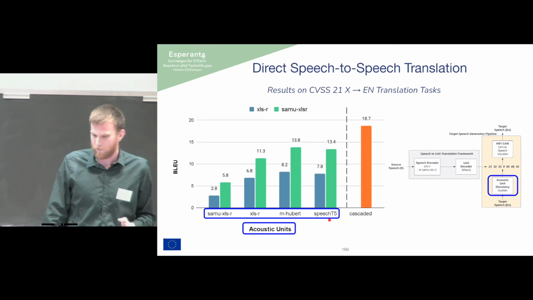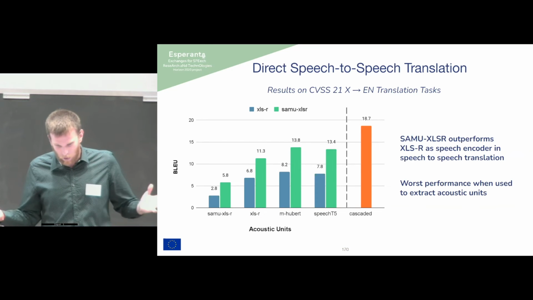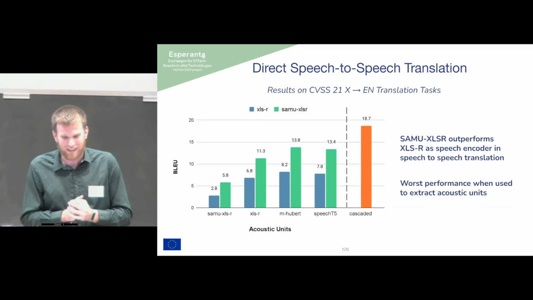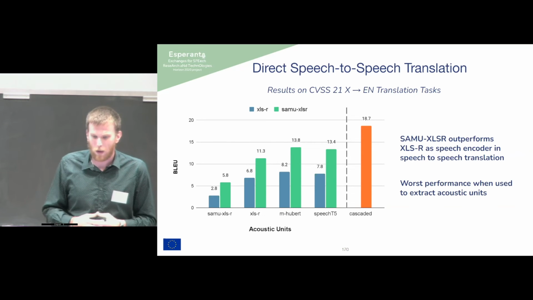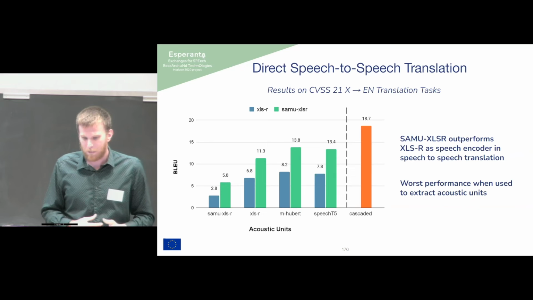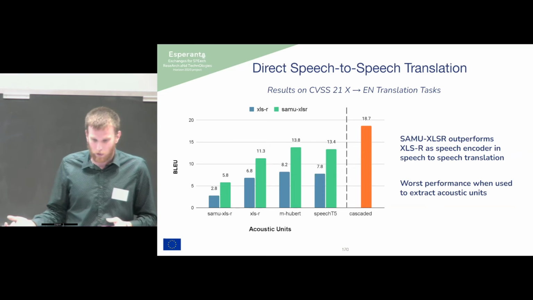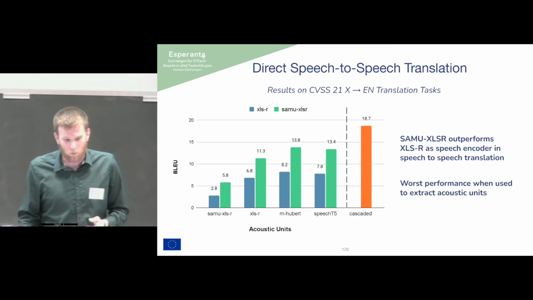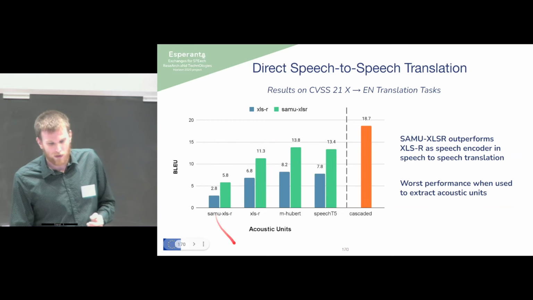So now that you know what you're seeing, I can tell you that in general terms, we can see again that SAMU-XLSR outperforms XLSR as a speech encoder in the speech-to-speech translation task. However, what we can also see here is that SAMU-XLSR obtains the worst performance when used to extract acoustic units.